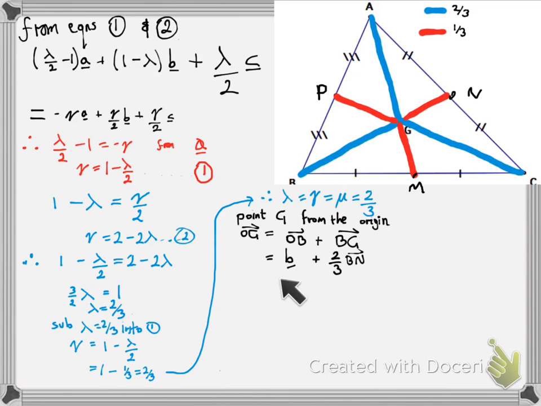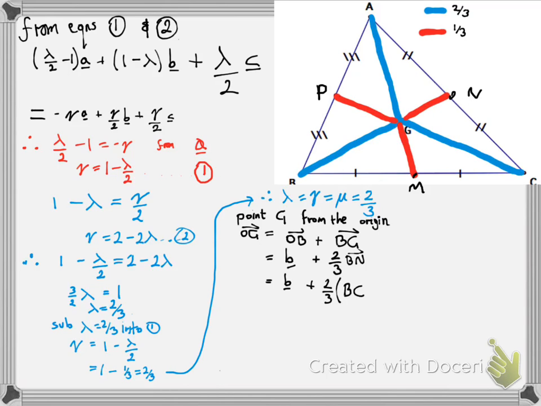Well, OB is vector b. And now BG, from the previous slide, we've seen that it's just 2/3 of BN. BG, well, that's the blue line here, isn't it? That's just 2/3 of the whole lot, BN.